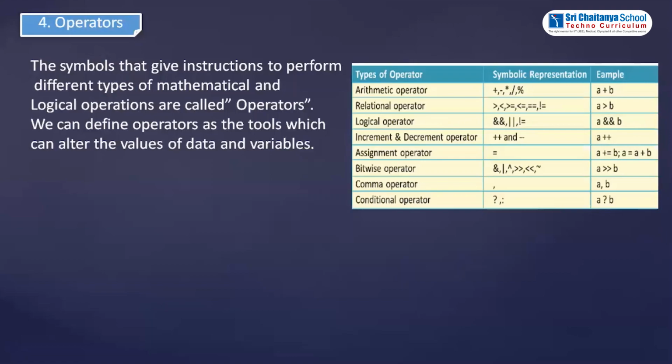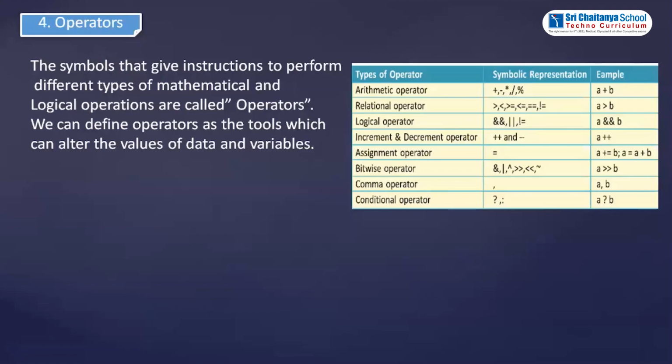Then we have the increment and the decrement operators, plus plus and minus minus. For example, a plus plus indicates that a is going to be increased by a value of 1. That is, a plus plus will be equal to a plus 1.